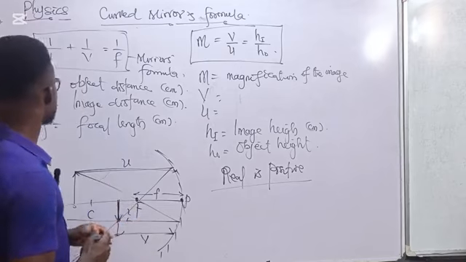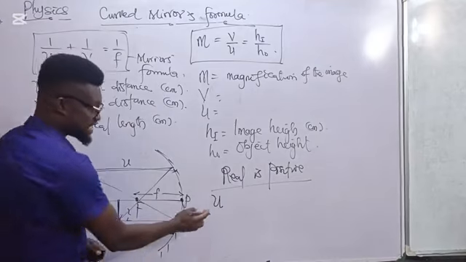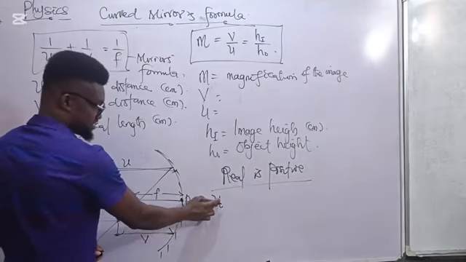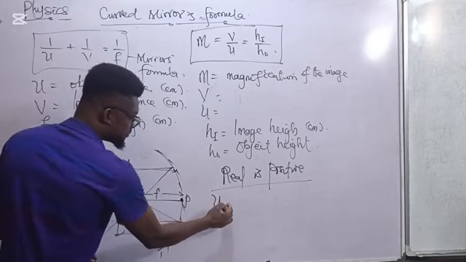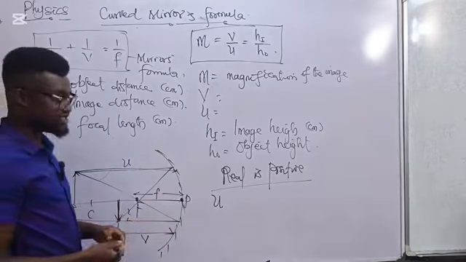This implies that real objects and real images are assigned positive.